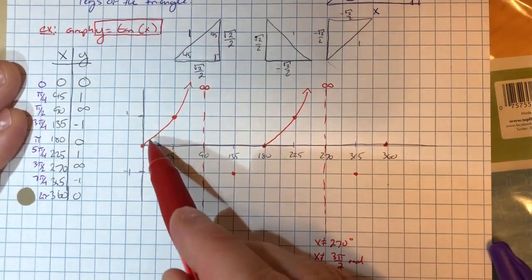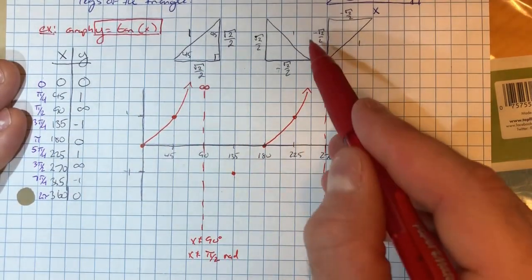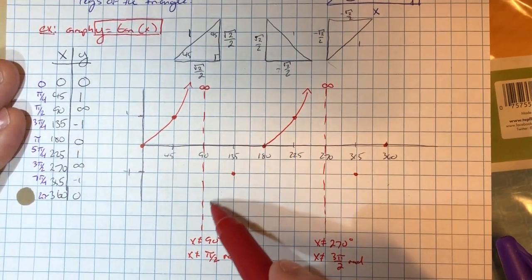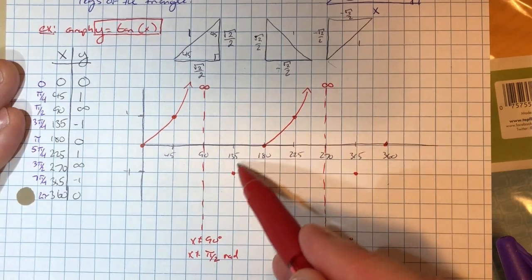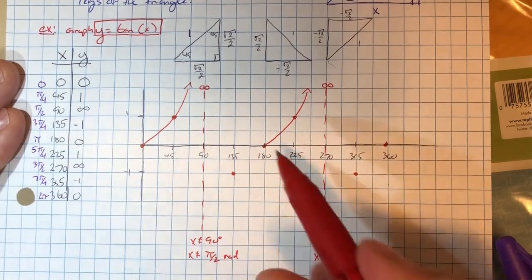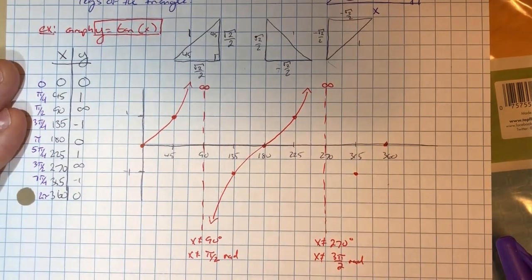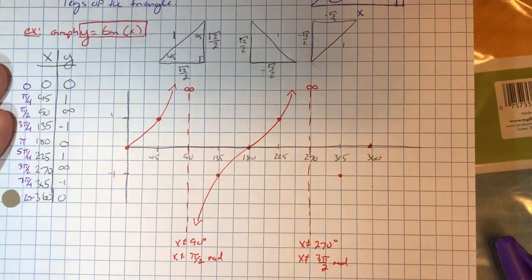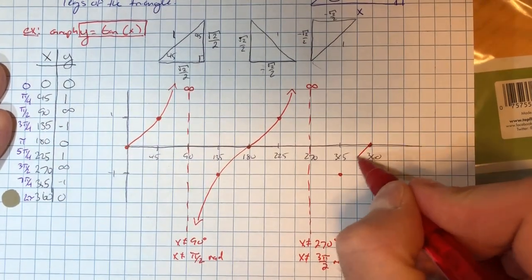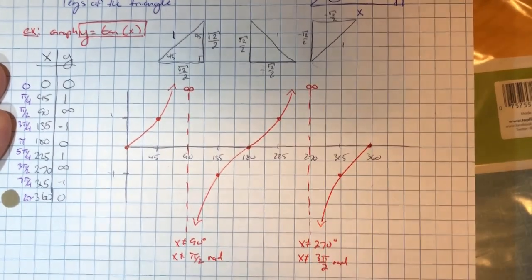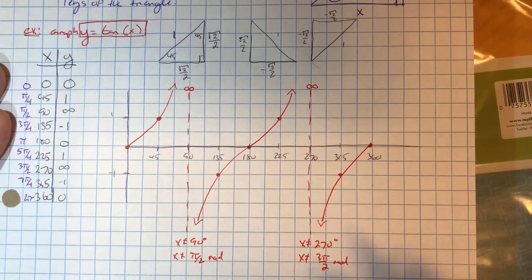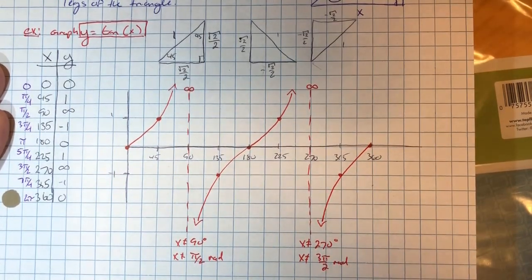And so if the graph is curving up towards infinity, what's it look like it's doing over here as it goes towards this asymptote from the right-hand side? Well, it's doing the same thing. It's curving towards infinity, but in the downward direction. So we can repeat that over here as well, curving towards infinity in the downward direction. And that's our tangent function.